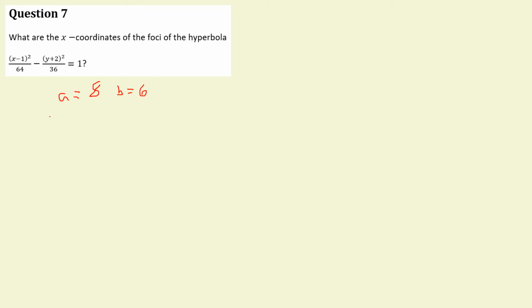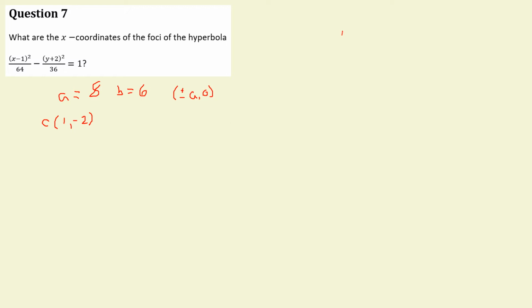But I know that the centre of this hyperbola has been offset a bit, and it's been moved to the point 1 minus 2. Now, ordinarily, my foci, if my centre is the origin, would look like that, plus or minus A, 0. But this has all been offset, so the centre has moved to the point 1 minus 2.